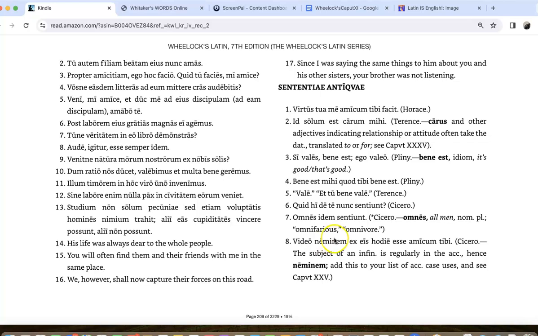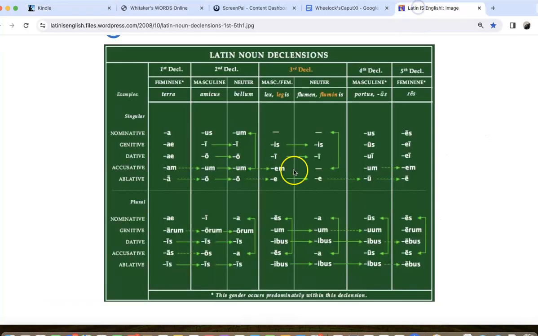I see no one from these today to be a friend to you. Now we have to think about how to translate. But before we do that, notice that this neminem, nemo, is the direct object because it's third declension accusative singular, namely ending in em.